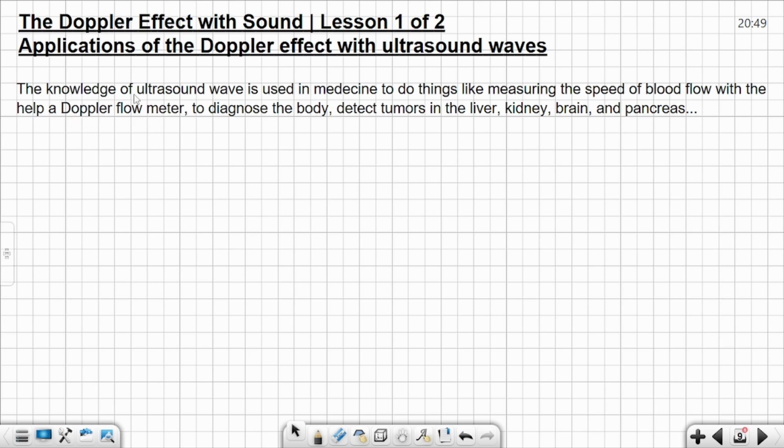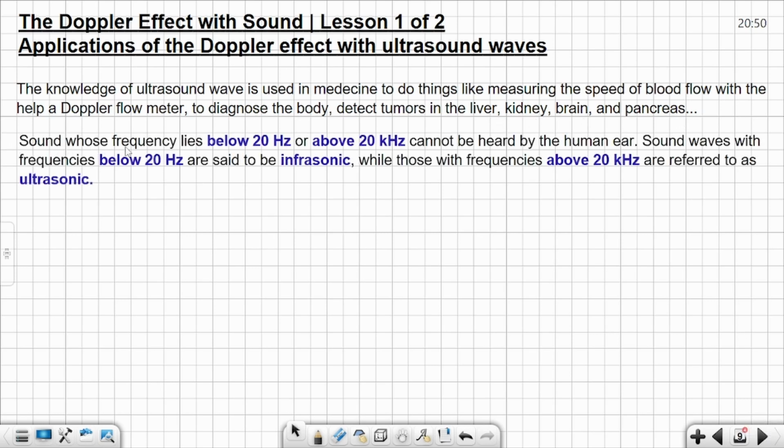And the knowledge of ultrasound waves is also used to diagnose the body, to detect tumors in the liver, kidney, brain, and pancreas. Sound whose frequency lies below 20 Hz or above 20 kHz cannot be heard by the human ear.